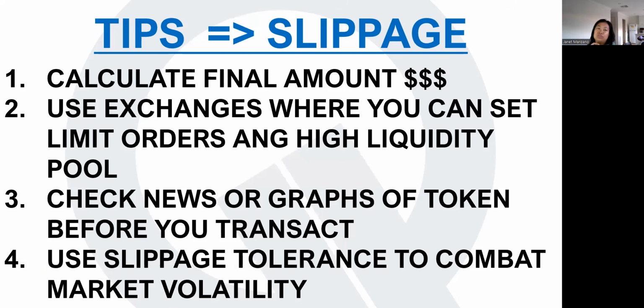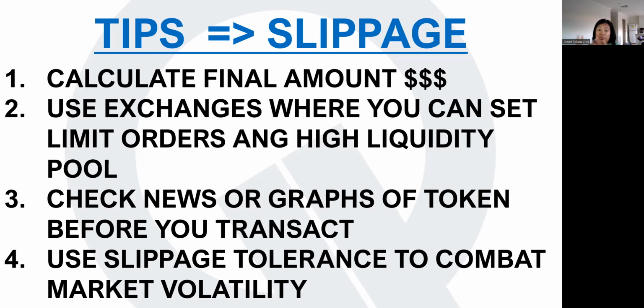Okay, so how do you deal? Here are my 4 tips on how you can deal with slippage. First, hopefully you already get it by now, how to calculate the slippage, meaning the total amount that you're willing to sacrifice just in case the price drops. So let's say 1% of 1,000 is what? $10.